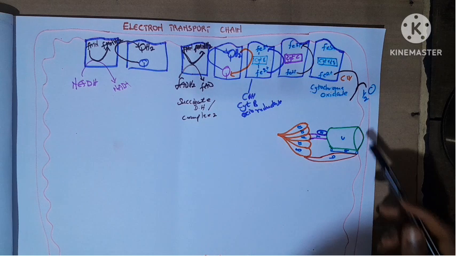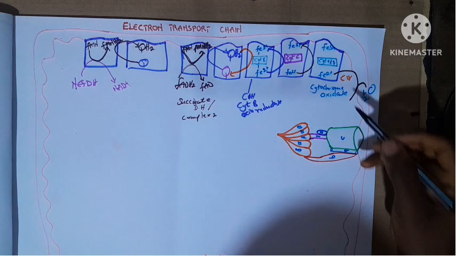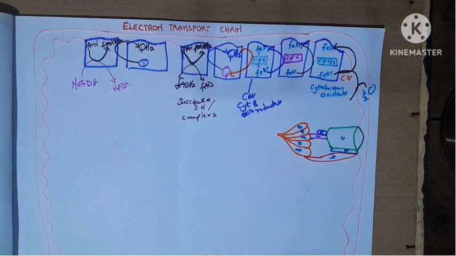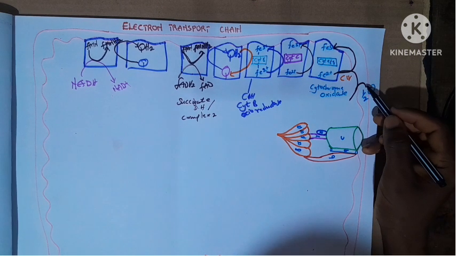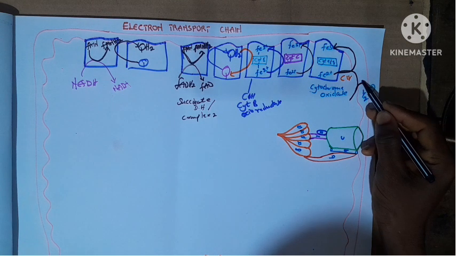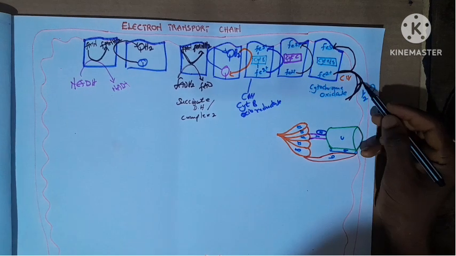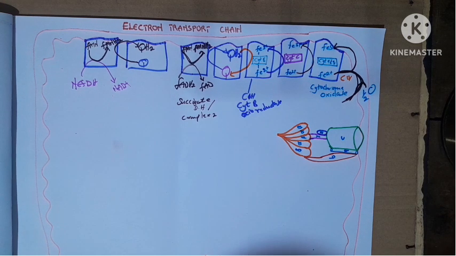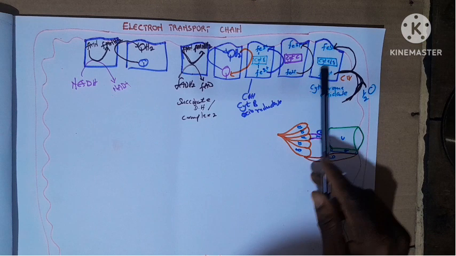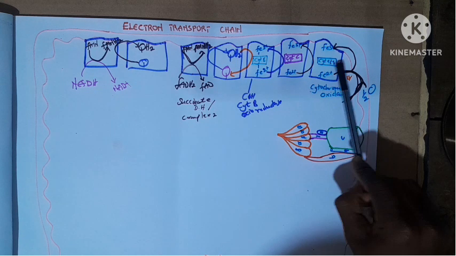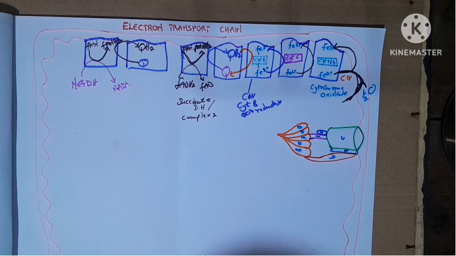So the half oxygen is reacting with iron 2, and this iron 2 is going to form iron 3. As the half oxygen reacts with the iron 2, it will pick up the electrons from the iron 2, and plus it will combine with 2 protons.